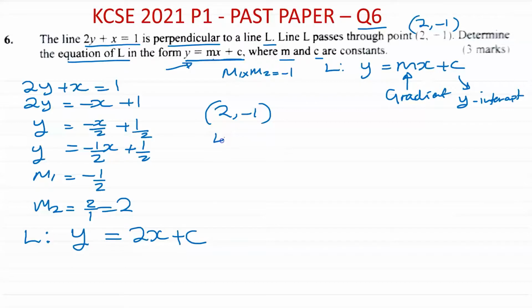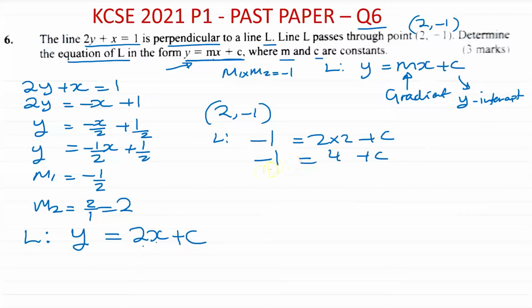At this point, my y is -1. So instead of y, I'm going to write -1 equals, what's my x? x is 2, so it's 2 times 2 plus c. This is going to give me -1 equals 4 plus c.